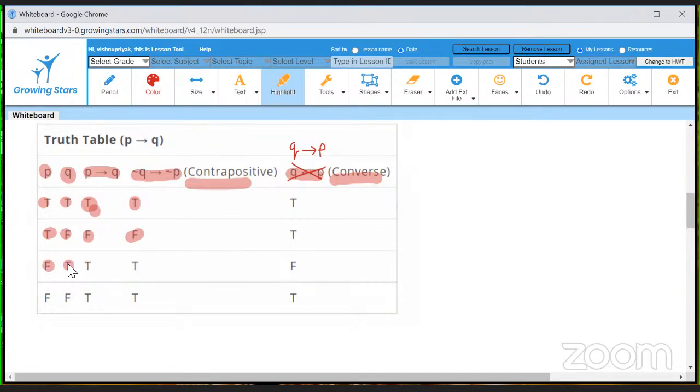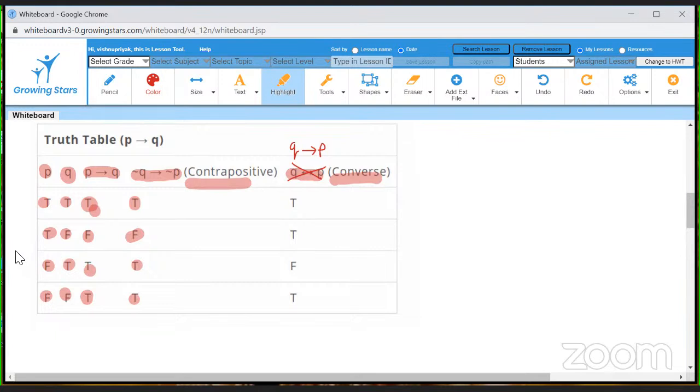If P is false and Q is true, P implies Q will be true, not Q implies not P also will be true. If both P, Q are false, P implies Q will be true. The contrapositive also will be true.